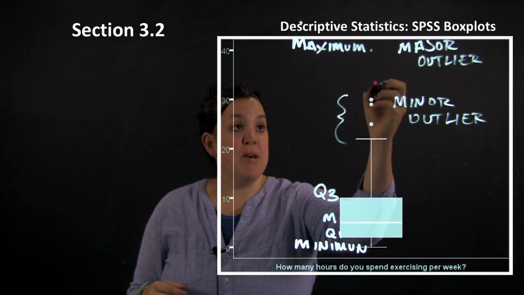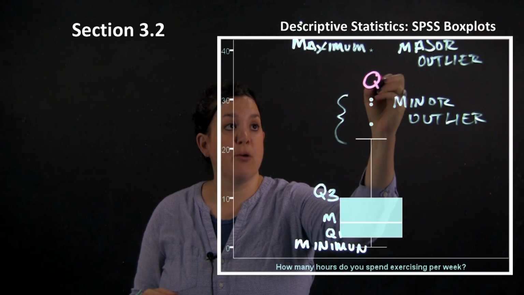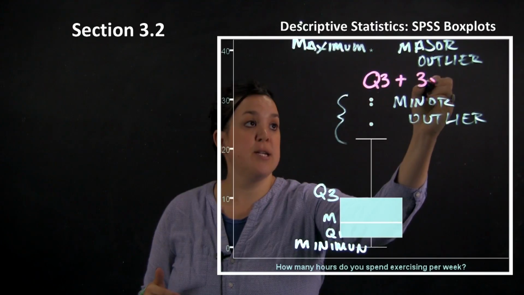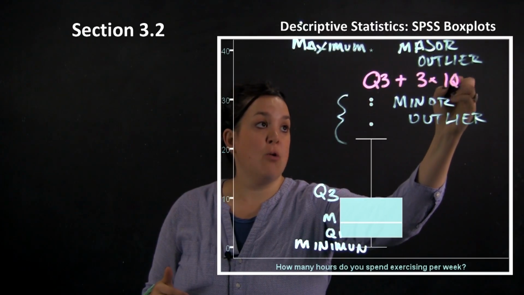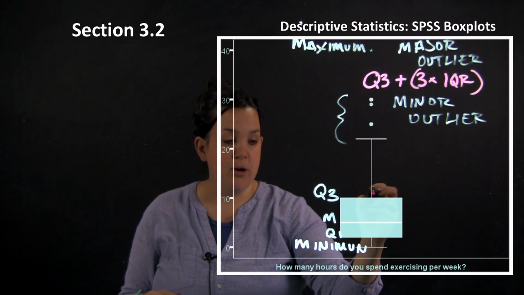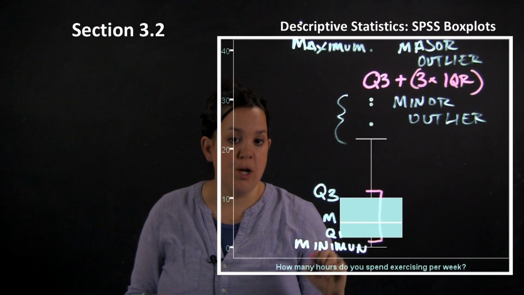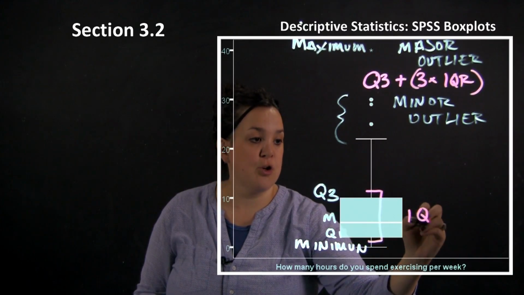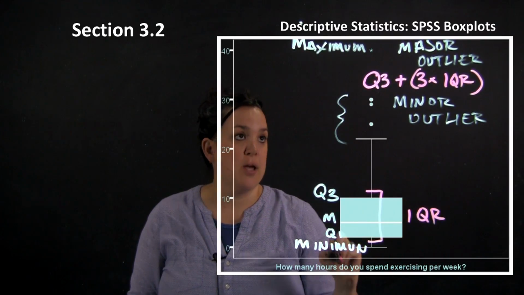When you identify a major outlier, it takes the location of Q3 and it adds 3 times your IQR. So this, remember, the distance between Q1 and Q3 is what we identify as the interquartile range, or shortened to IQR.